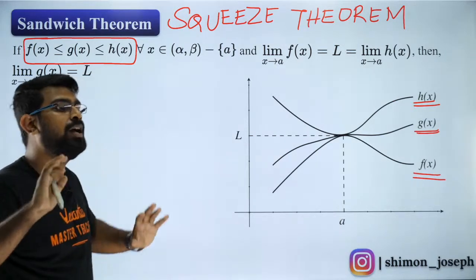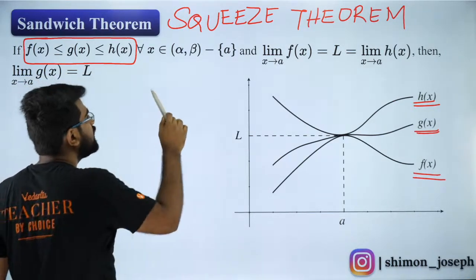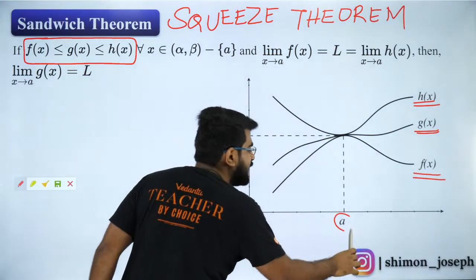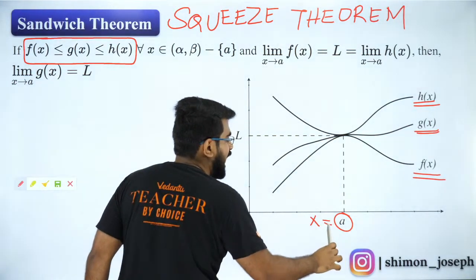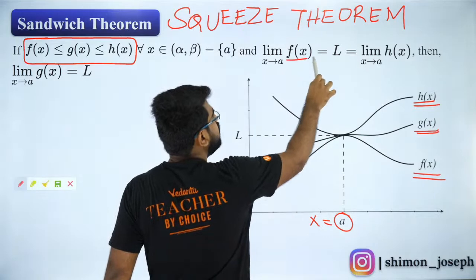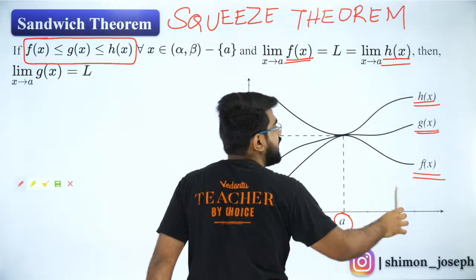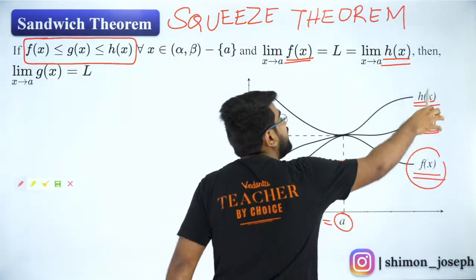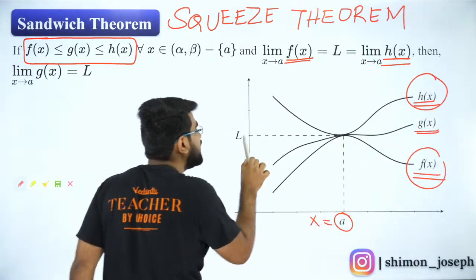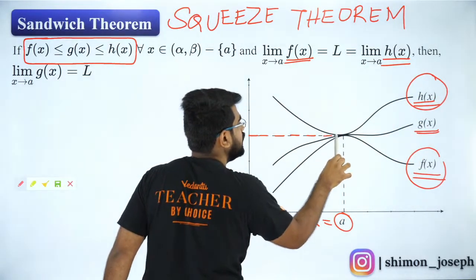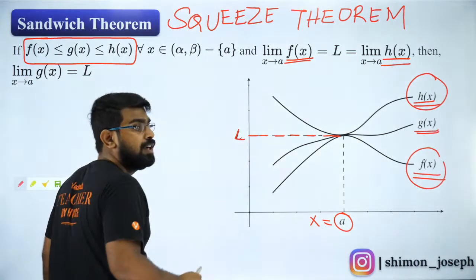Everybody cool with it? Now what I am saying is at x equal to a, f of x and h of x, that is the lower function and the higher function, have the same limit.